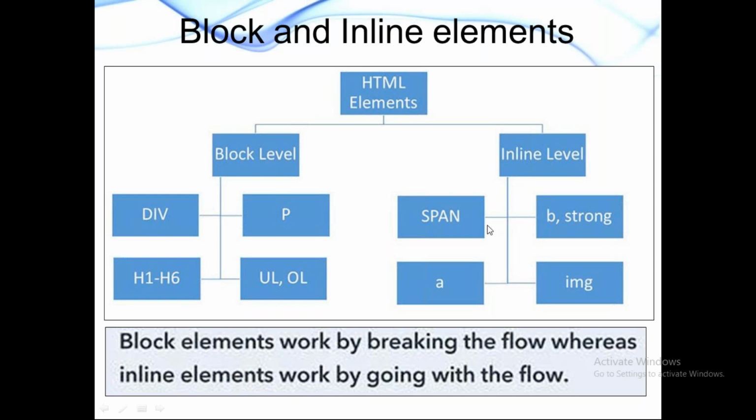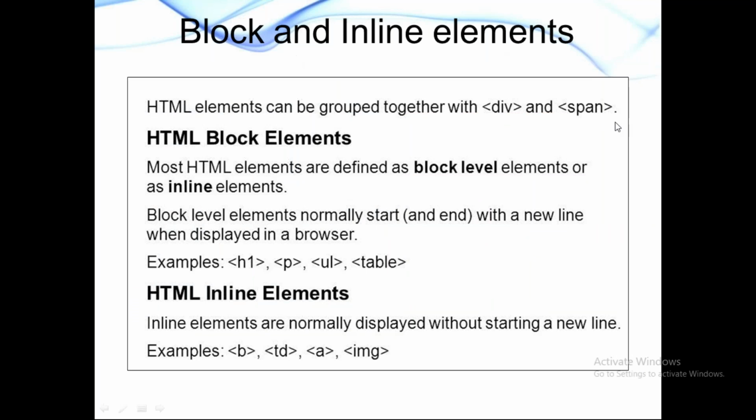The span, bold, and the formatting tags, image tag, and hyperlink tags are inline level elements. Now when we come to the div tag, div and span, you can group different HTML elements within a div or within a span.